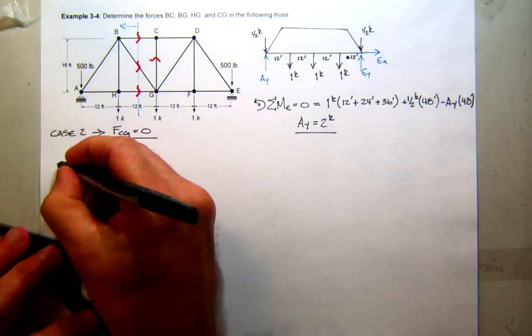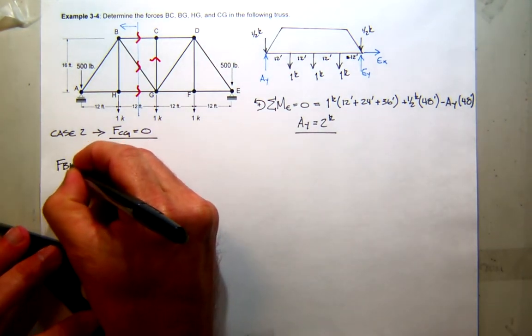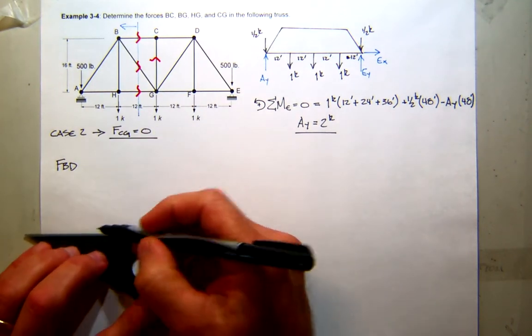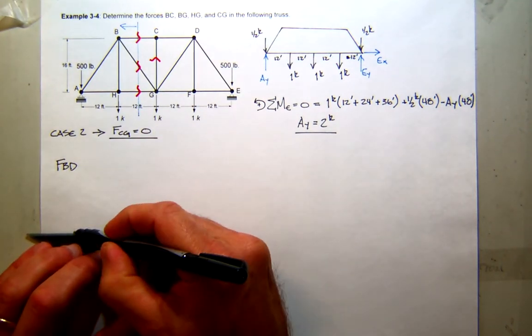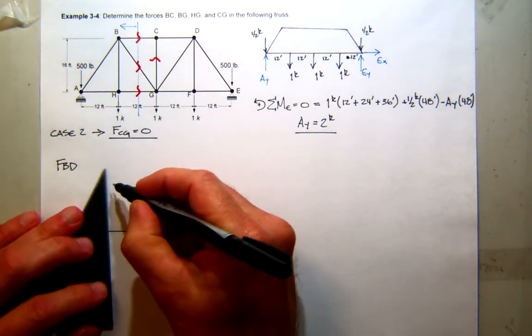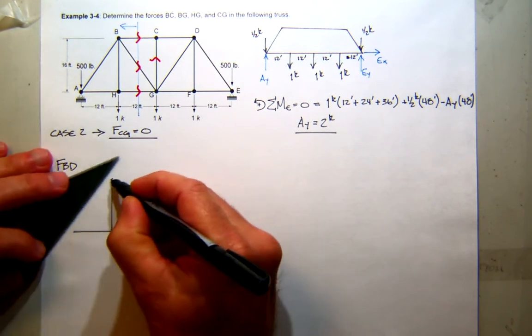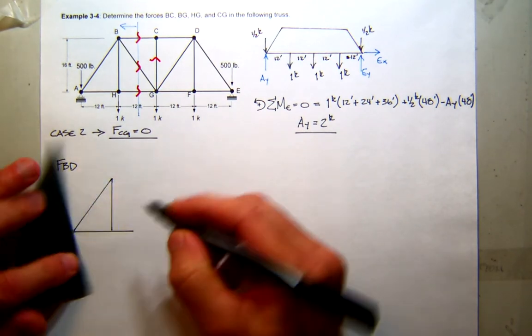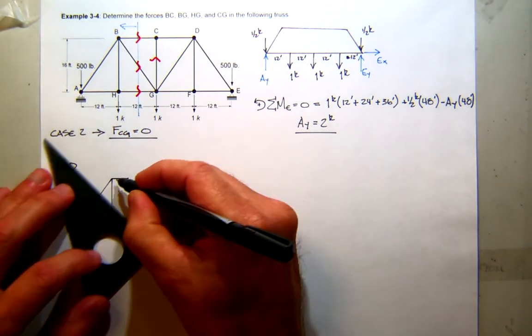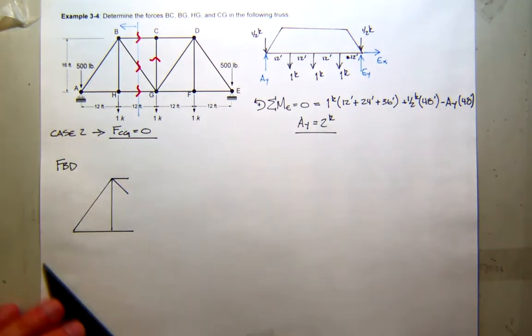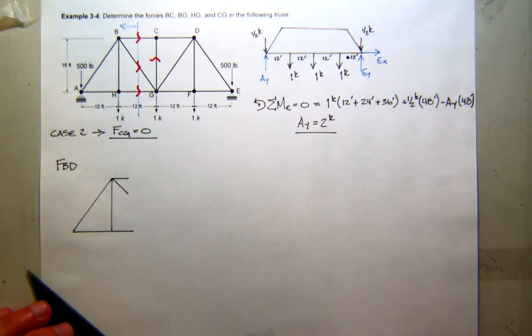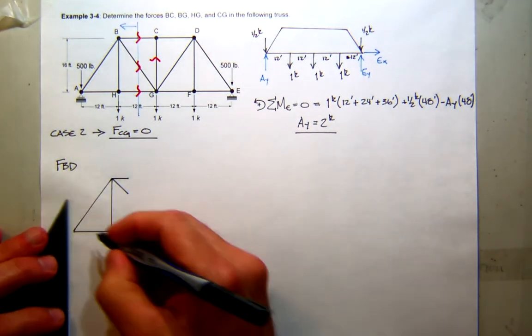So now I'm going to come down to my free body diagram of the left side. I'll spend a little more time drawing it in some detail. So on that structure, I have the AY, which I just solved for.